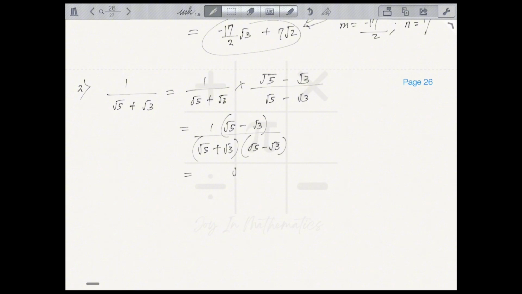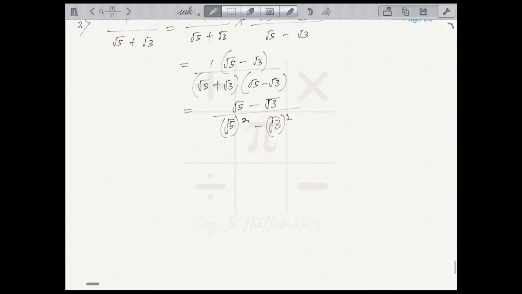And we'll have root 5 minus root 3 at the numerator, and at the denominator the result will be root 5 squared, applying the product of conjugates, minus root 3 squared. So this will be root 5 minus root 3 divided by 5 minus 3, and 5 minus 3 is 2.